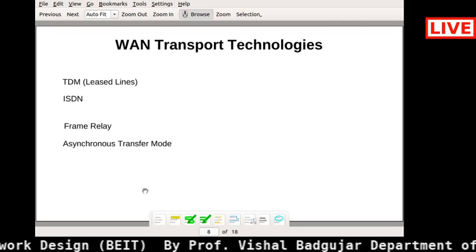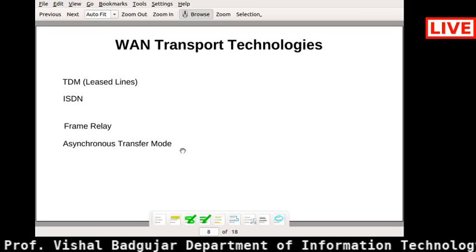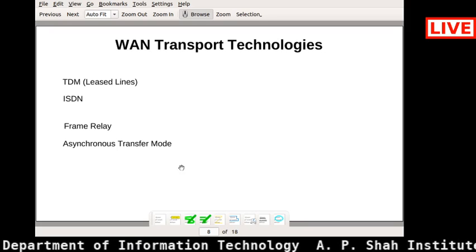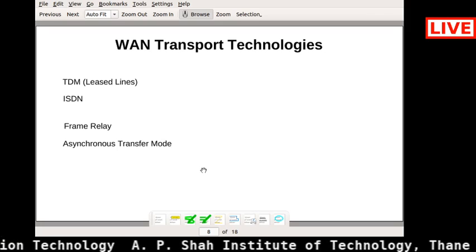Then the next one is Asynchronous Transfer Mode, which we can also call ATM. It will be processed asynchronously, queued, and multiplexed over the transmission path.